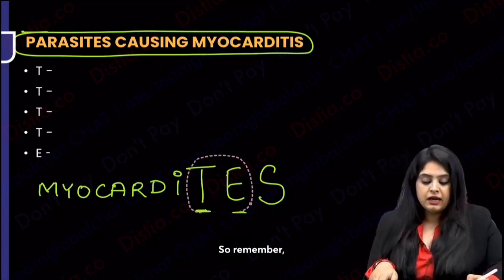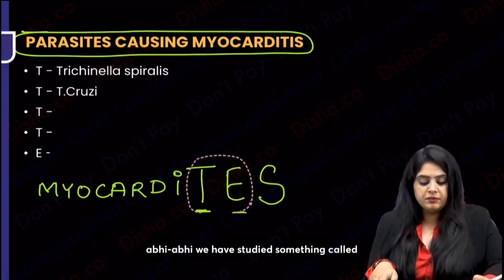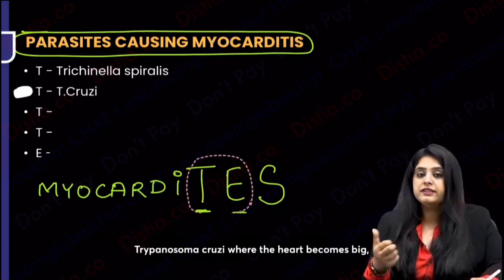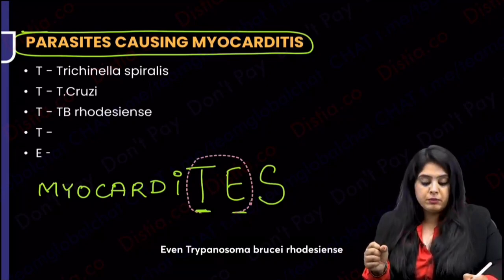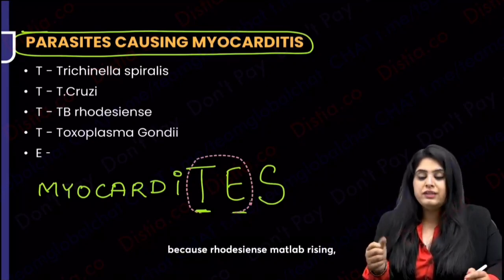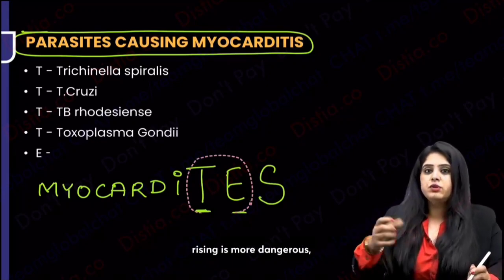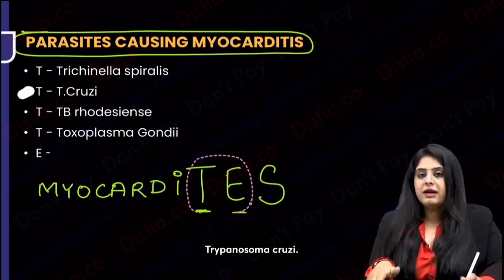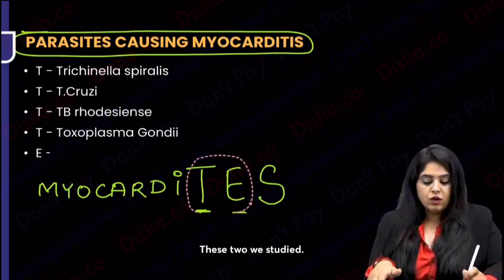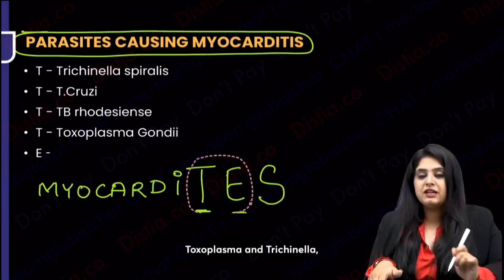So remember, we have studied Trypanosoma cruzi, where the heart becomes big, dilated cardiomyopathy. Even Trypanosoma brucei rhodesiense, because rhodesiense means rising, and rising is more dangerous. So there will be danger to the heart. Trypanosoma brucei rhodesiense and Trypanosoma cruzi, these two we studied. Also further we'll be studying Toxoplasma and Trichinella.